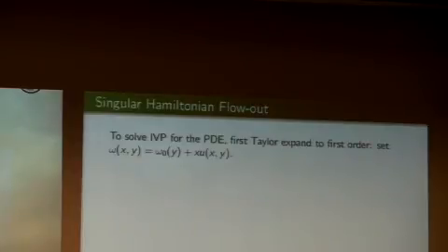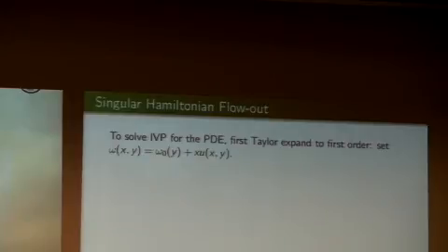So now let me just indicate that the standard procedure for taking Hamiltonian flowouts to construct solutions of non-characteristic initial value problems just works with this ODE theorem as a substitute. So the first thing we do, remember, now we're going back to the PDE. Omega was our scalar unknown.